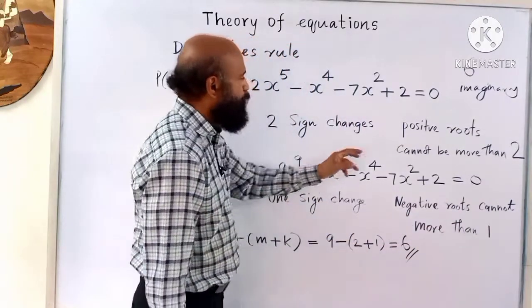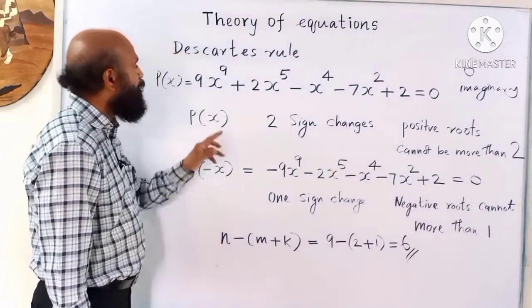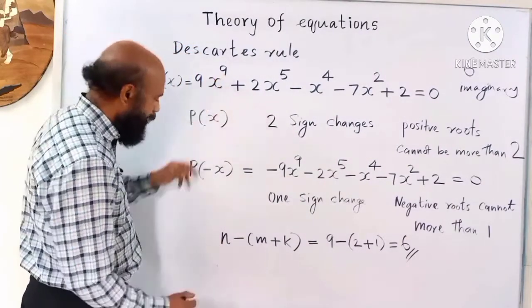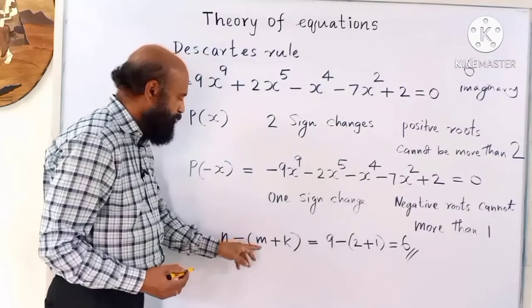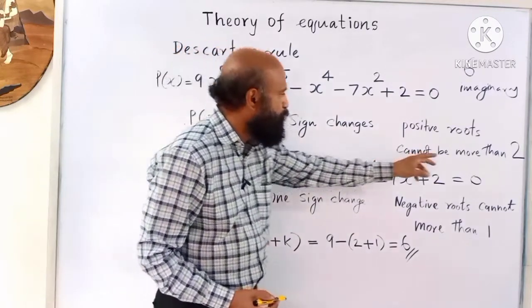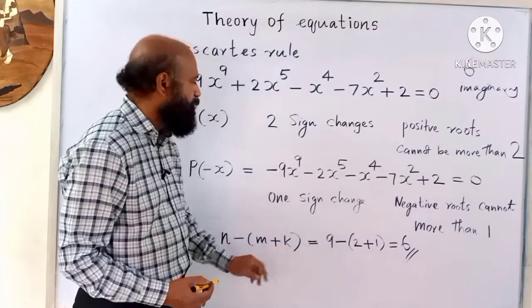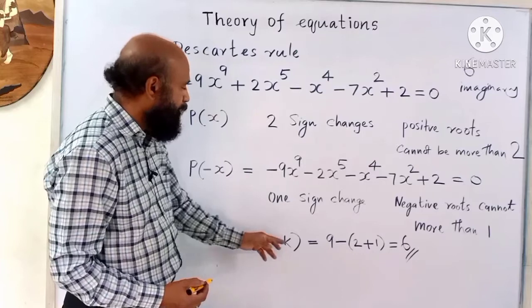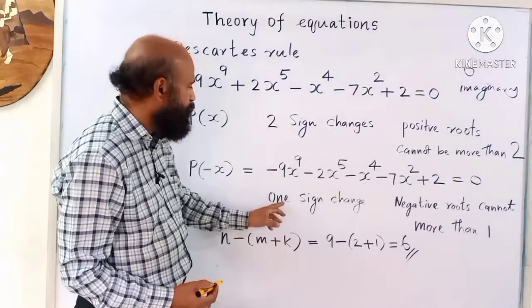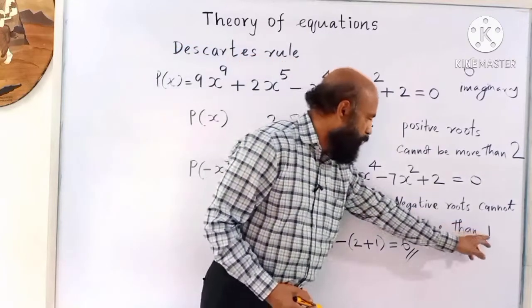So here 2 and 1. The degree of the polynomial is 9, the maximum number of positive roots is 2, so m is 2. k, the maximum number of negative roots, is 1.